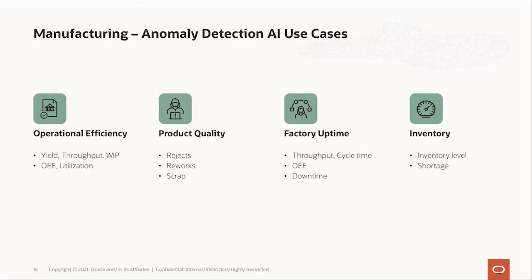And the third is factory uptime, like understanding overall equipment effectiveness or downtime, whether the utilization of a single piece of equipment or the entire production line, or there are anomalous changes in the health of the equipment that could lead to unexpected failure.